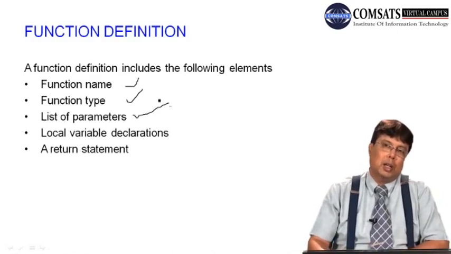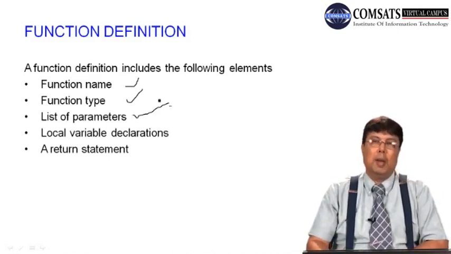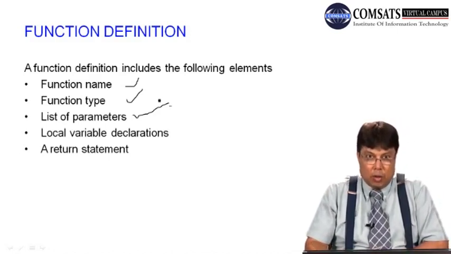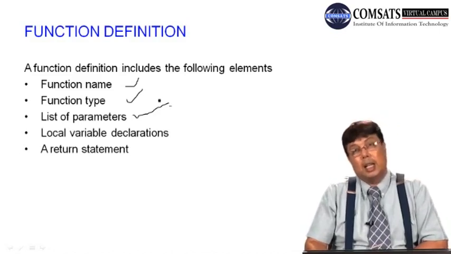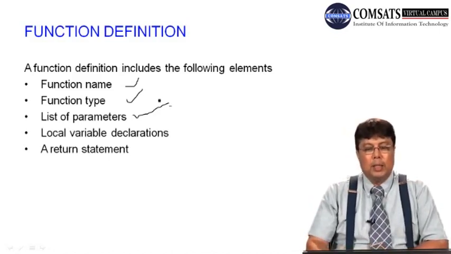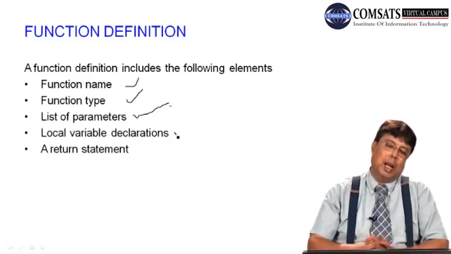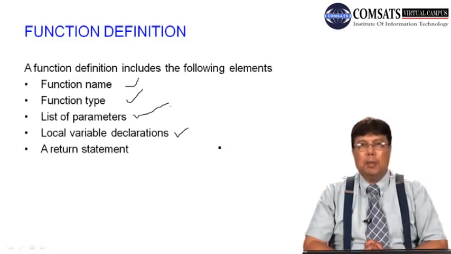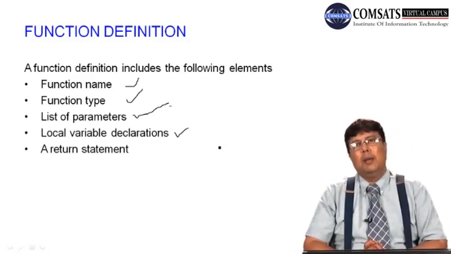But now this time we will learn how to define the parameters and what is the list of parameters, मतलब एक से ज़्यादा parameters भी आप किसी फंक्शन के साथ अटैच कर सकते हैं.